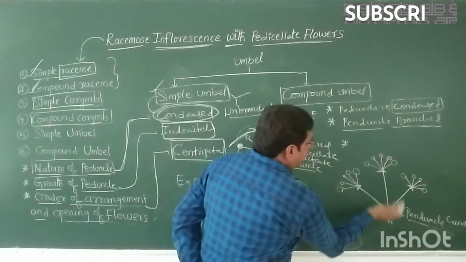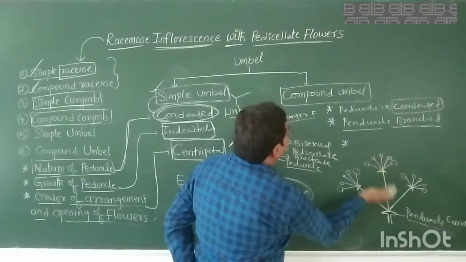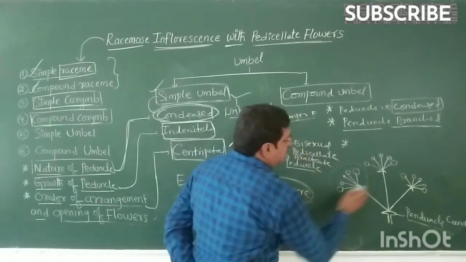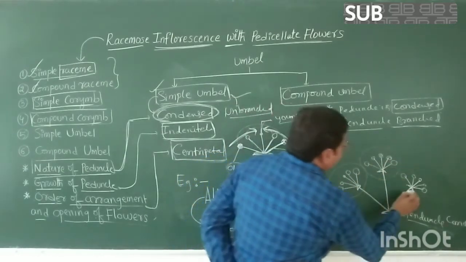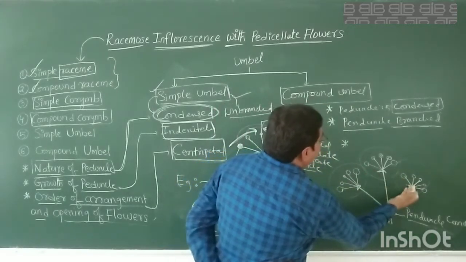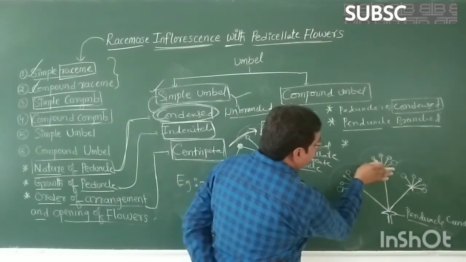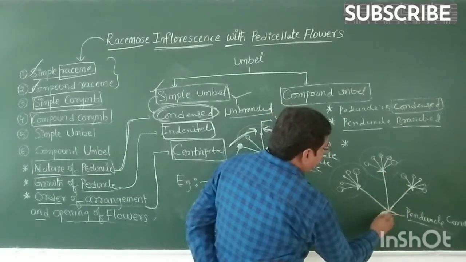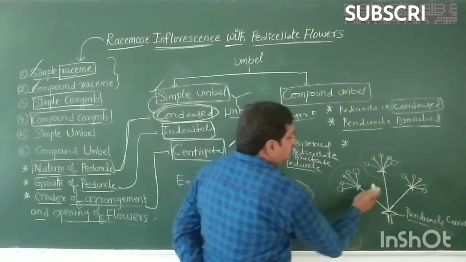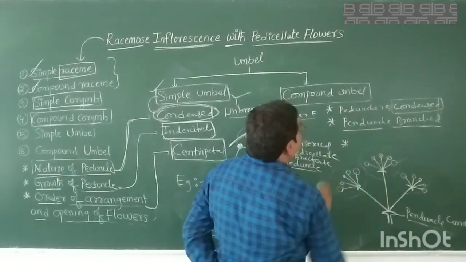On the peduncle there are branches of simple umbels. So like this, different simple umbels are united at the base of the condensed peduncle. So this is the compound umbel.